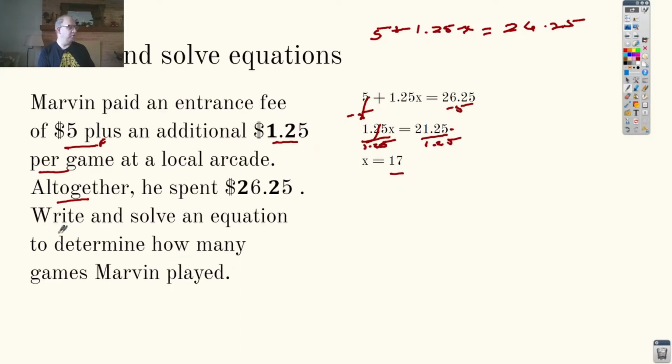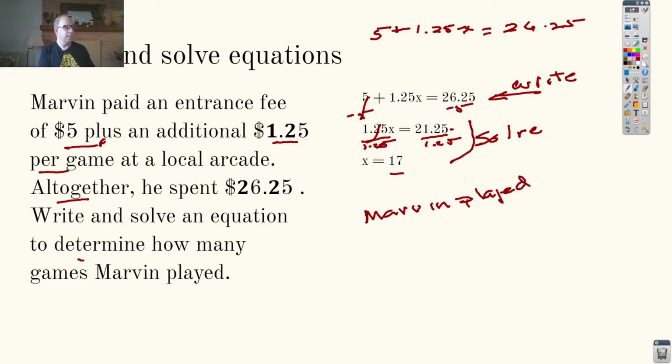Okay? So write and solve an equation to determine how many games he played. Here you wrote, that's the first part. Here you solved. So I need to see both of these. And then the last part is determine how many games Marvin played. Marvin played 17 games.